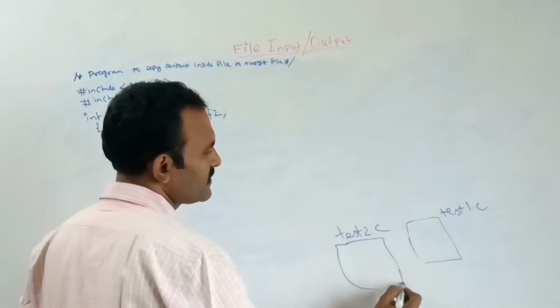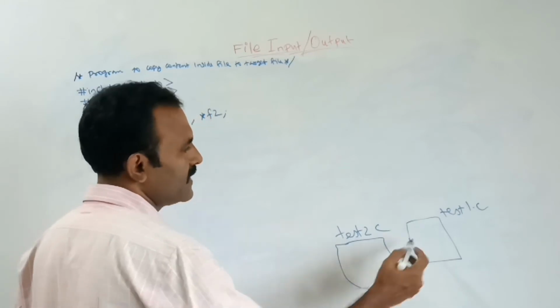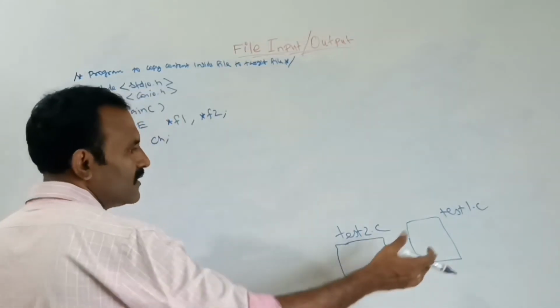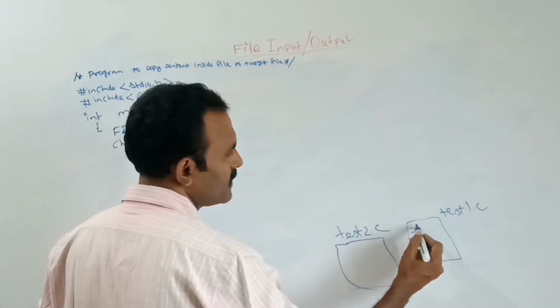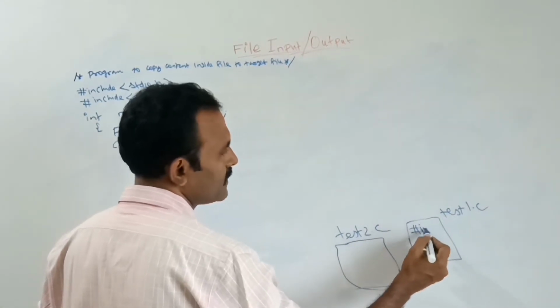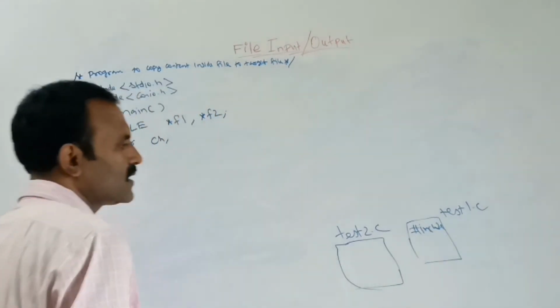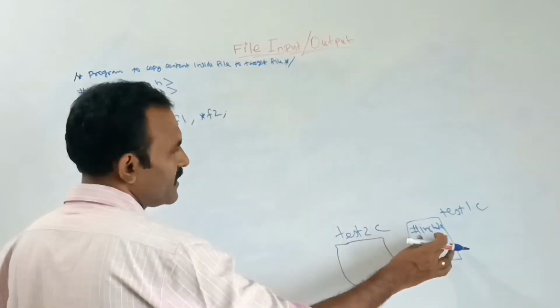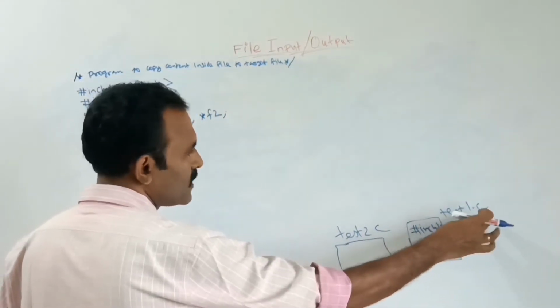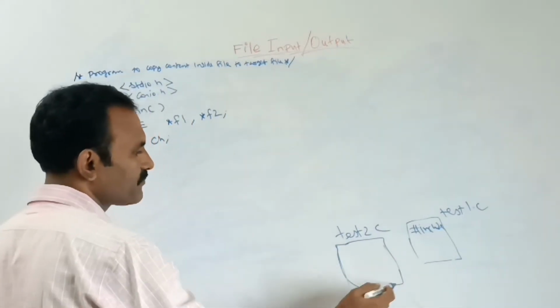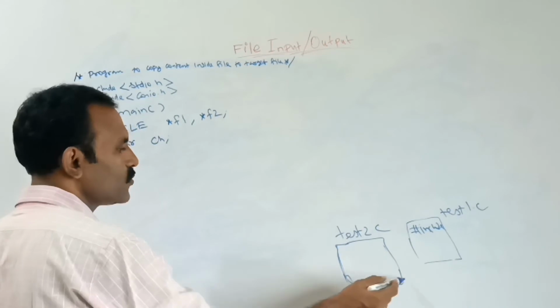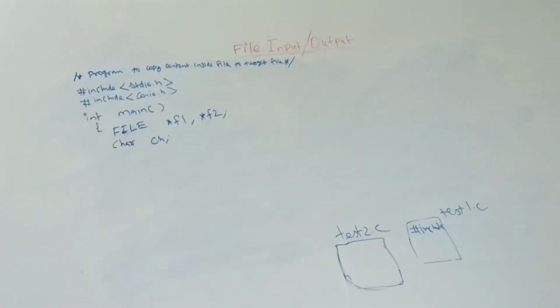Otherwise from the editor itself you can create the file and store some text in test1. Let us assume test1.c has a single line, that is include. Totally a single line is stored in test1.c. Next, test2.c I have created, but there is no content inside test2.